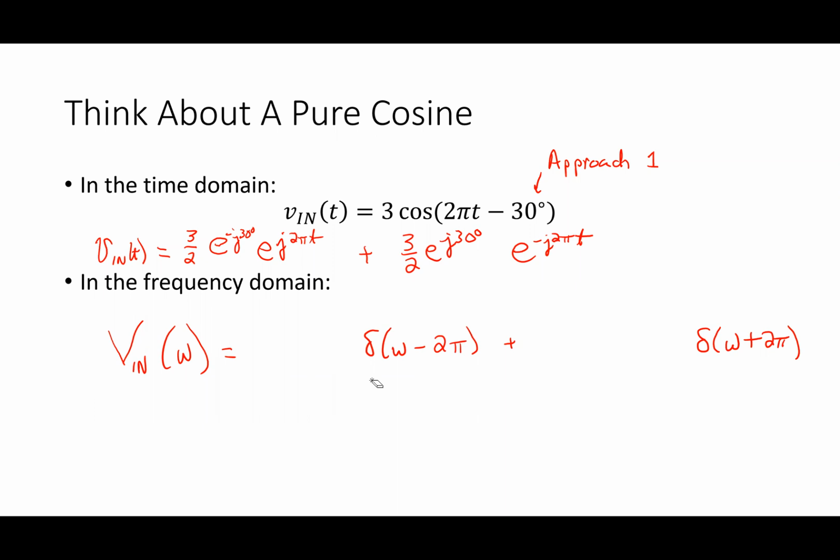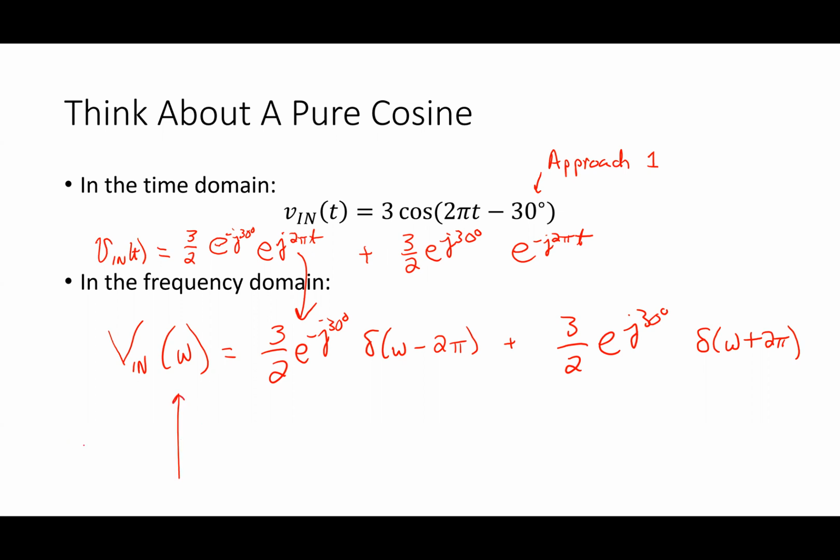So we've learned our shifts. This is a shift to the right, the first one. So the coefficient on that guy is the 3/2 e to the minus j 30 degrees. So this term mapped to this term. And this guy is 3/2 e to the j 30 degrees. What we said last time is that this would require two different graphs to express.